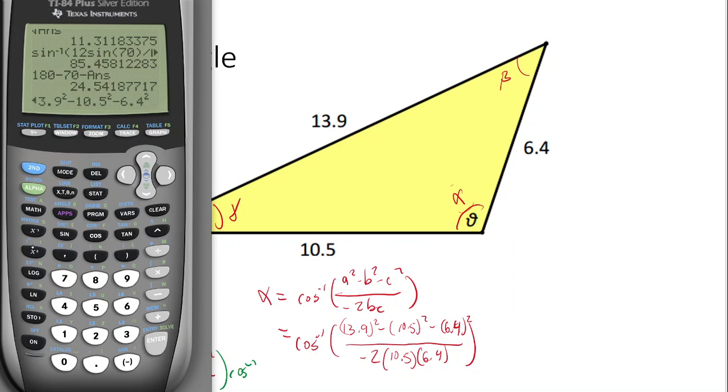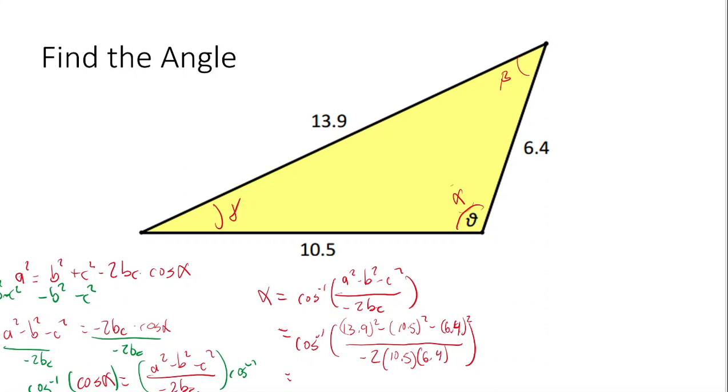Minus 6.4 squared, parentheses to close the numerator, divided by negative 2 times 10.5 times 6.4. Sorry, the denominator needs to be all in parentheses also. So all this is in parentheses. Negative 2 times 10.5 times 6.4. And close the denominator, close the inverse cosine function, and we get 108.2 degrees. So 108.2 degrees is what our alpha looks like.